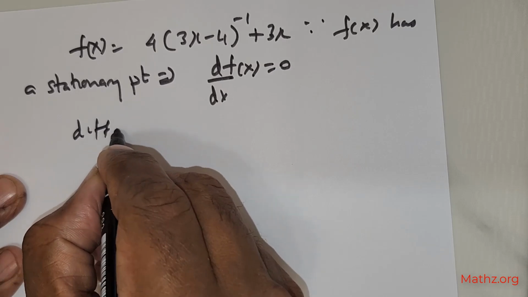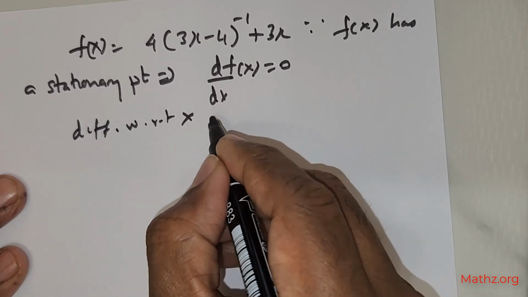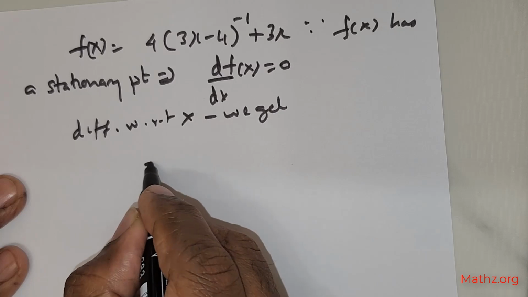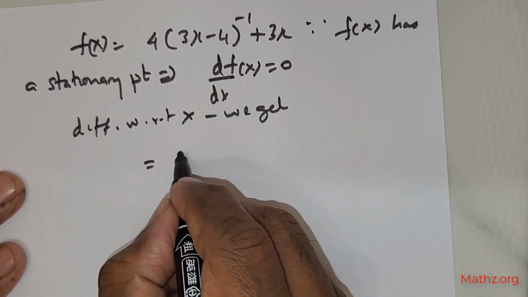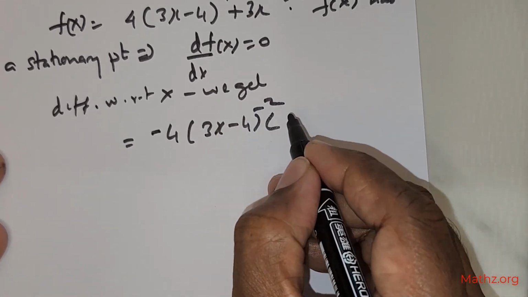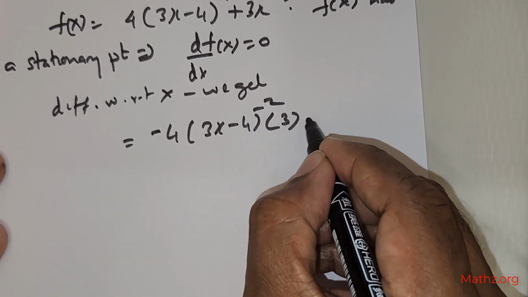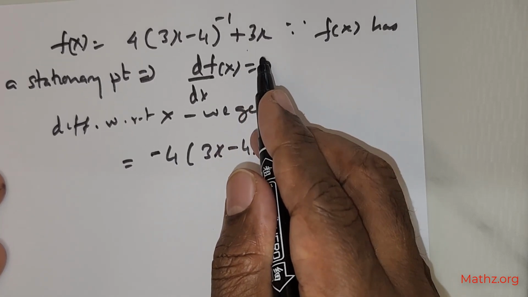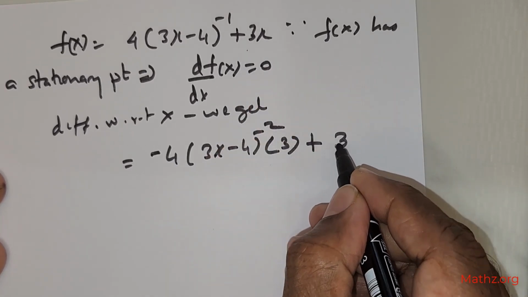So differentiating with respect to x we get negative 4 times (3x - 4) raised to the power of negative 2. Differentiation of 3x will give you 3. Differentiation of this 3x will give you 3.